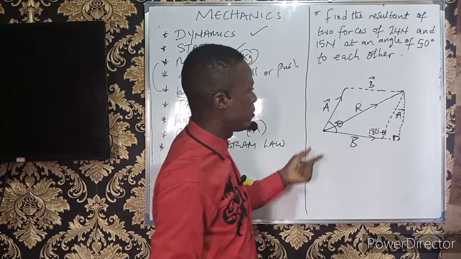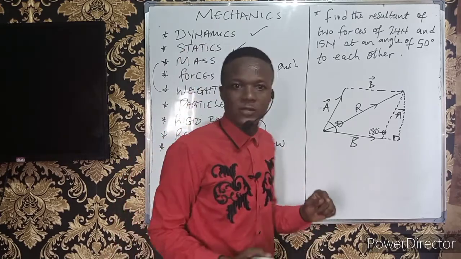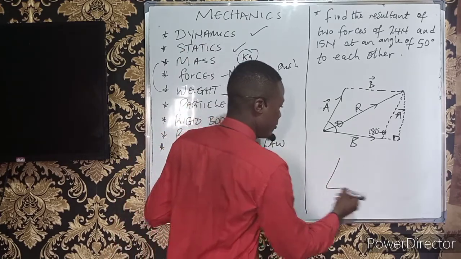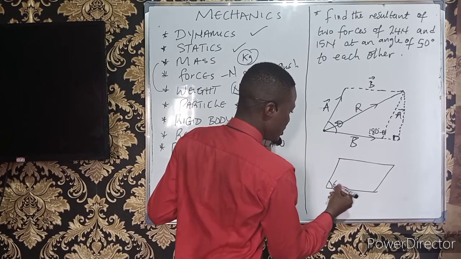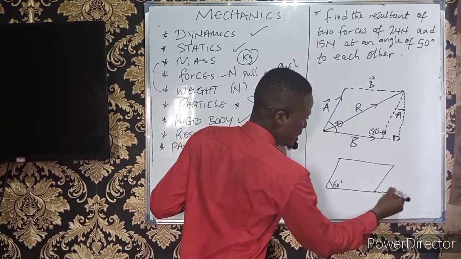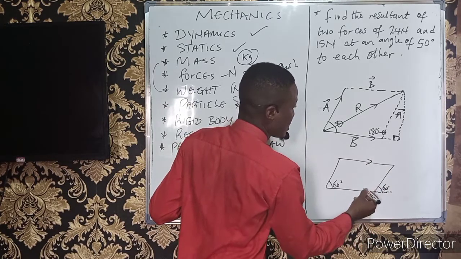If you know the properties of a parallelogram very well, or the angles formed between parallel lines and a transversal: supposing you have a parallelogram like this, if this angle is 60 degrees, automatically the angle here is also 60 degrees, because these two sides are parallel.